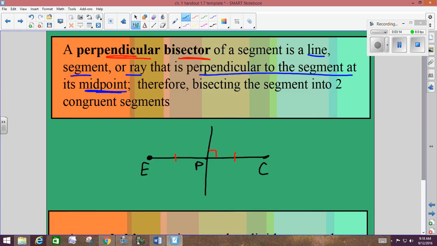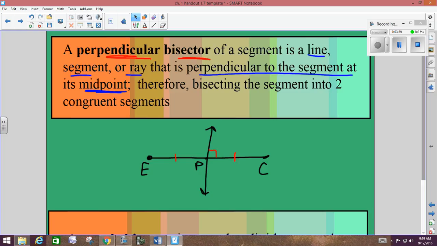That's where it says it's intersecting it at its midpoint. This vertical segment, that is the bisector. It can either be a segment, a ray, or a line. It can be any of those three. But EC has to be a segment, because if EC was a line, I wouldn't really be able to bisect it because I can't really measure it because they go on forever.